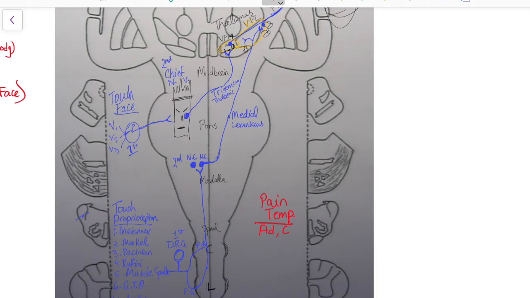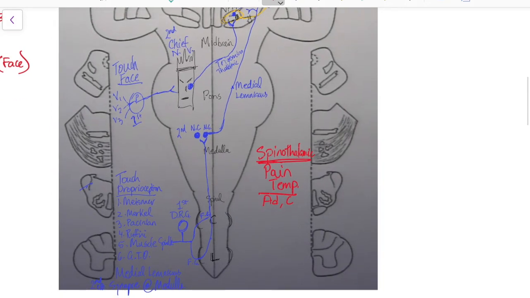This is a spinothalamic system or spinothalamic tract. And we know that the second cell body will synapse at the same level because the pain is too fast and we can't wait. Same level is fine. So just know those few things, and now let's get started.